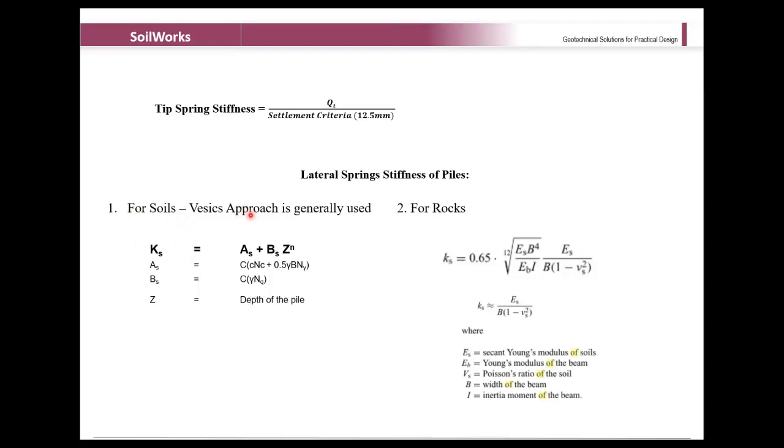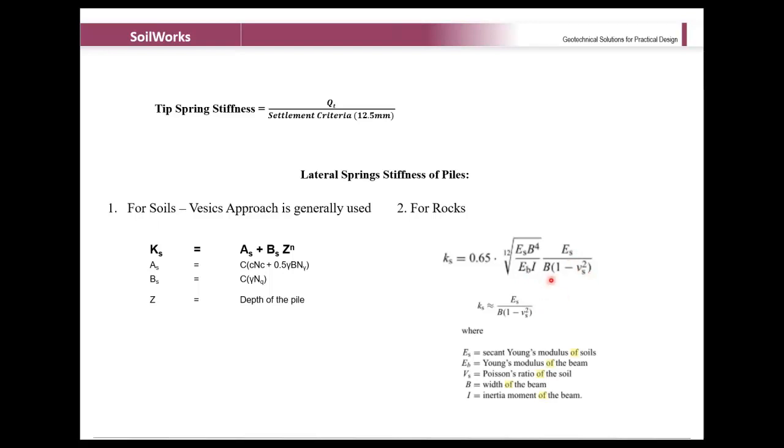We can't use this basics approach in terms of rocks, because it overestimates the stiffness of the rock when we use the basics equation. So for that we use this particular equation. In order to determine the Ks value, it basically depends on Es, that is the elastic modulus of your soil, and B, the width of the beam, and Vs, that's the Poisson's ratio.